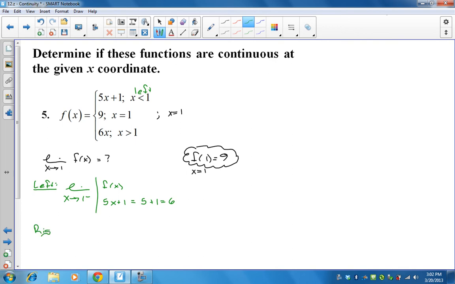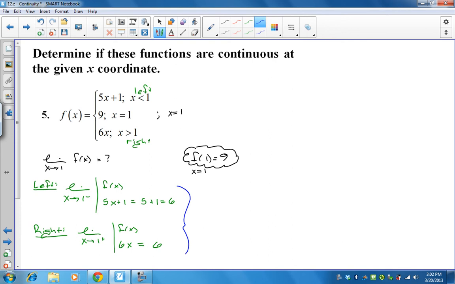Then I'll do my right side. Limit as x approaches 1 from the right of your function. That's going to be this bottom piece down here. And the right side is the function 6x, and 6 times 1 is 6. And then I'll look at my two answers.